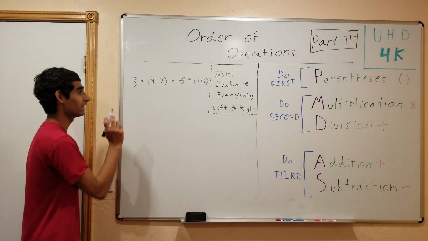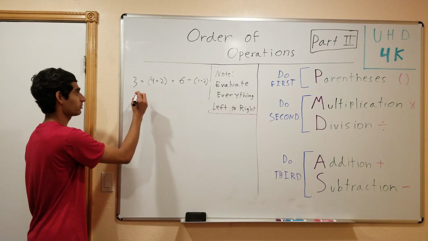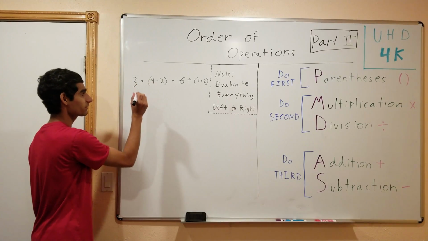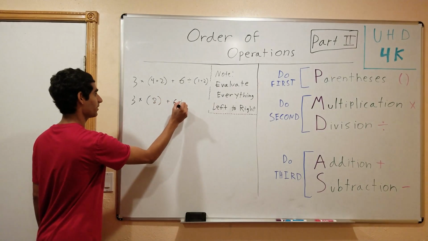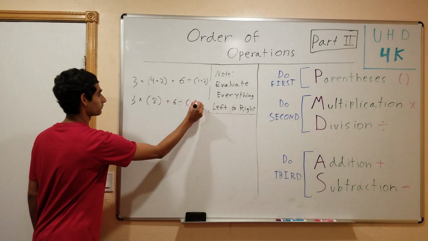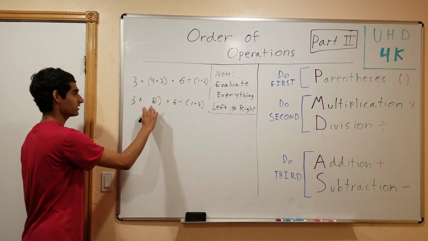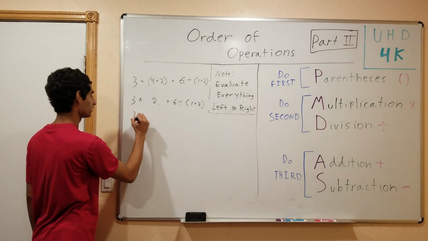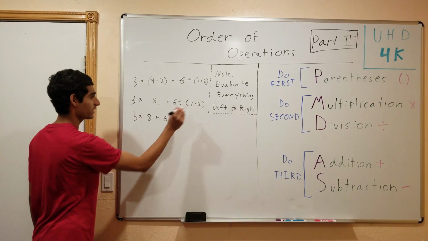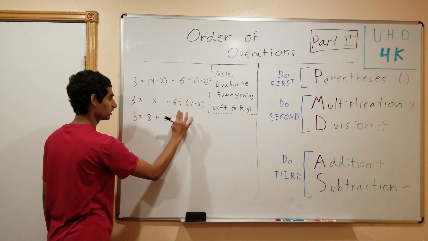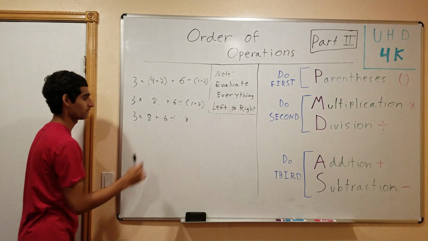We have to do the leftmost parentheses first, this one. 3 times, what is 4 plus 2? 6. These parentheses can go away, only one number inside. Now we have to do the remaining parentheses. What is that? 1 plus 2? 3. Take this away because only one number inside.